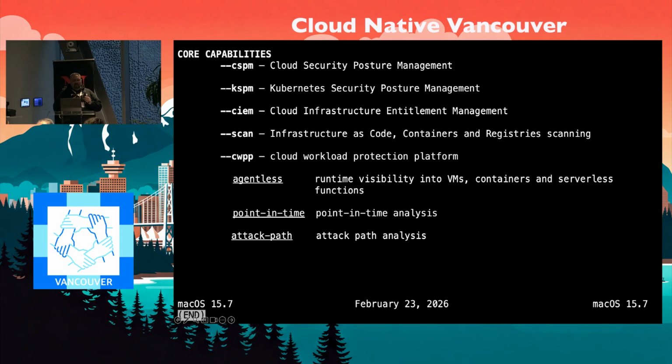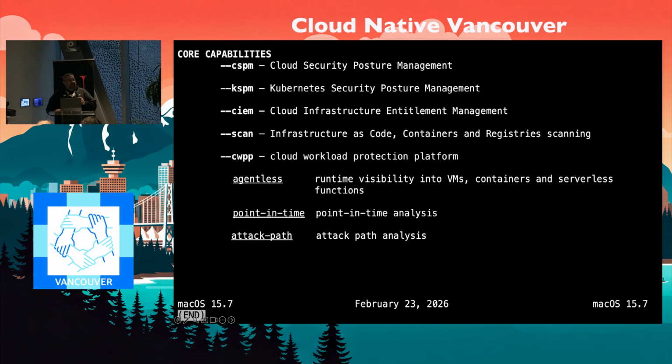It is Cloud Infrastructure Entitlement Management. It also talks about infrastructure as code scanning, container scanning, and registry scanning. So a CNAPP platform needs to have scanning on it.